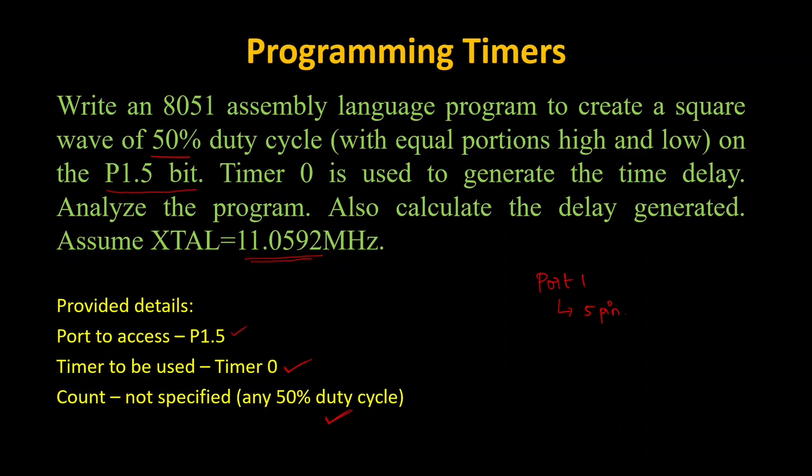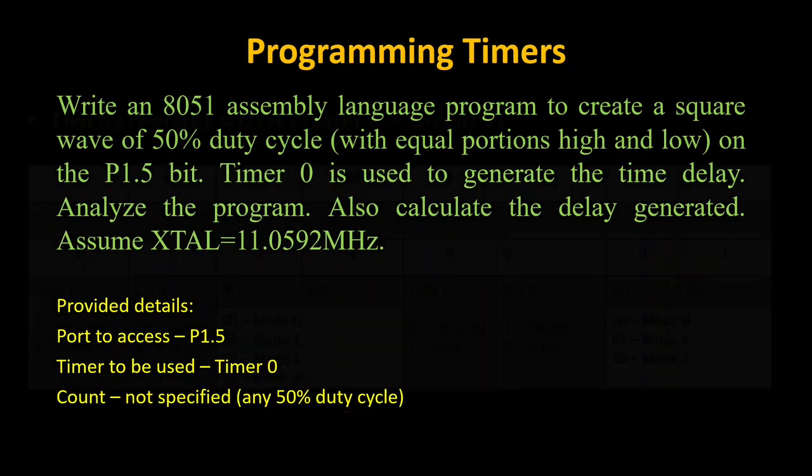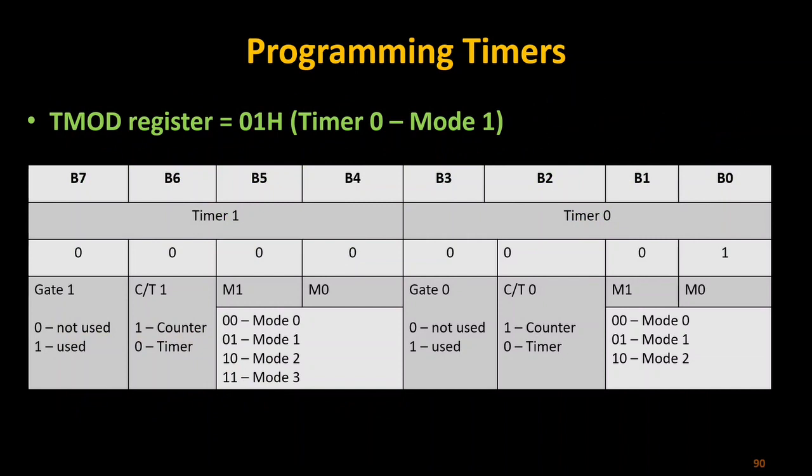So we can try to understand how we can write a program for this one. First we have to decide what should be given for the TMOD register, right? I prefer a 16-bit counter or 16-bit timer. So if you take mode 0, it is going to be 13 bit, right?